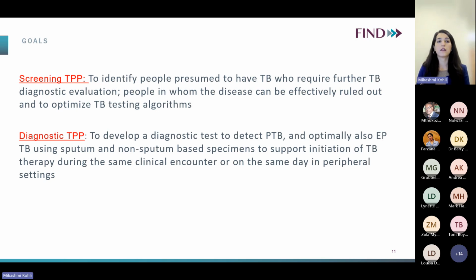We need a test that can help identify people who are presumed to have TB and need further diagnostic evaluation. And second was a diagnostic TPP. The overarching goal or scope of this document is that manufacturers should look at developing a test that can detect pulmonary TB, but also optimally extrapulmonary TB, either using sputum-based tests or non-sputum-based specimens.